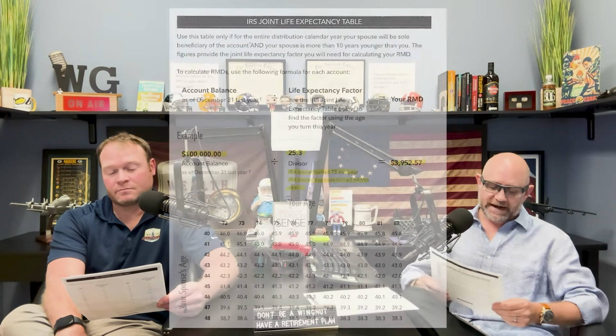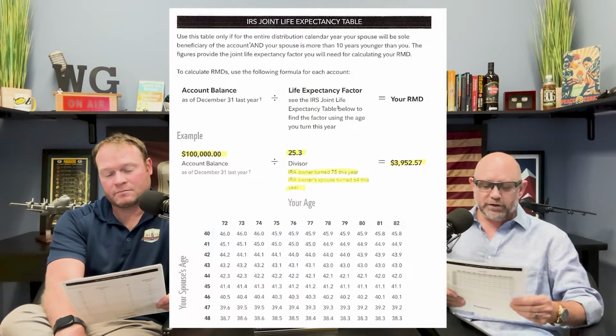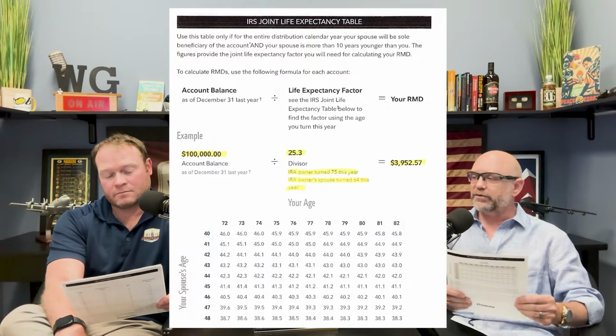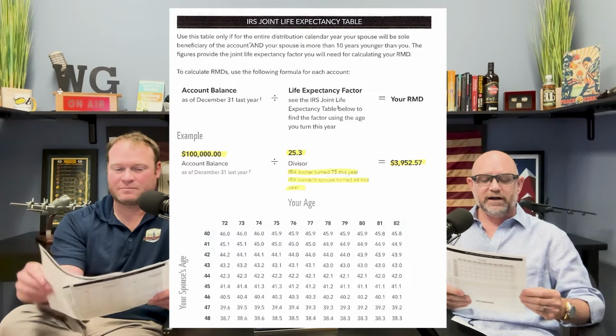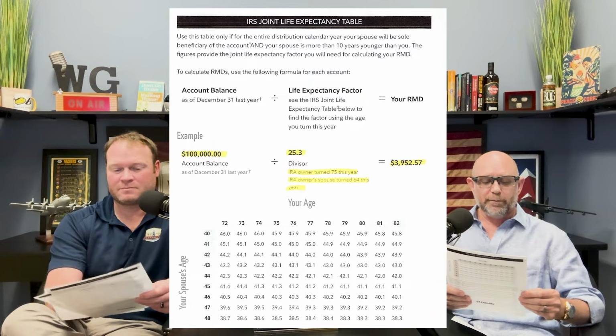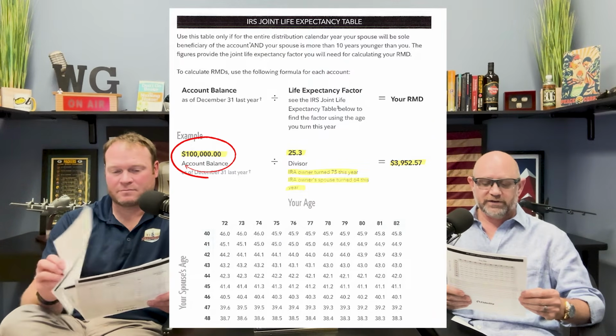However, let's go over this one exception. If your spouse is the sole beneficiary, so you are married, and your spouse is more than 10 years younger than you, that's when you use this chart that we're putting up now. And this gets a little bit more complicated. We have to factor in 2 ages here. So let's say again, on December 31st, our balance was $100,000.